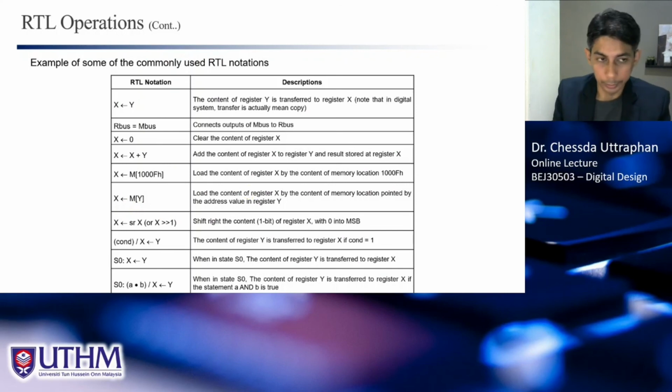Okay, so straightforward. Next is the shift operation, where we want to shift the content of register X. So we can use either one. This one is also correct, this one is also correct. So this is shift right, shift to the right. So look at this symbol, it means to the right, from the left to the right, the content of register X to the right, and 1 here means that we shift 1 bit.